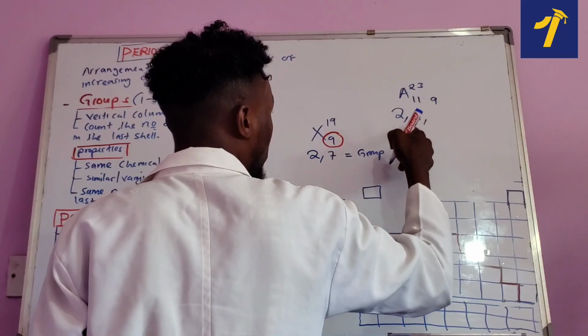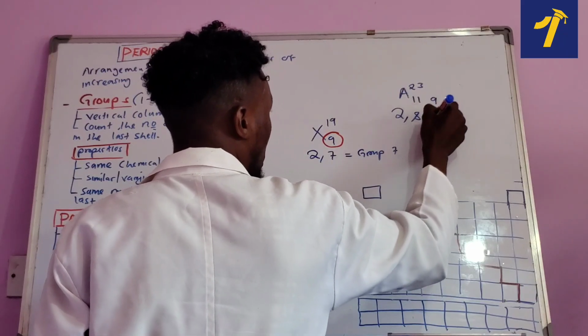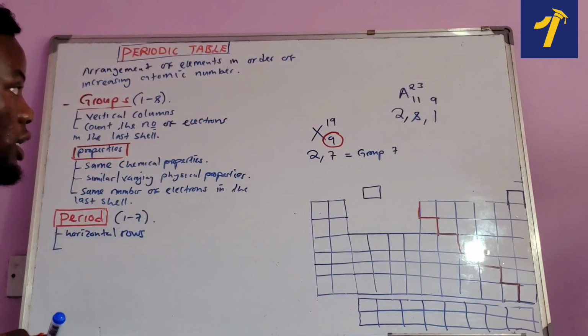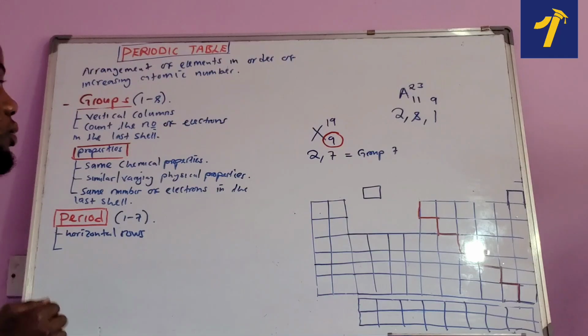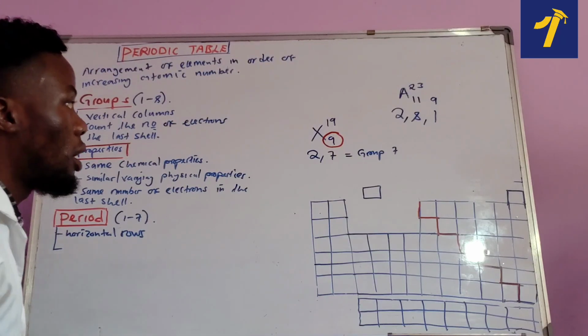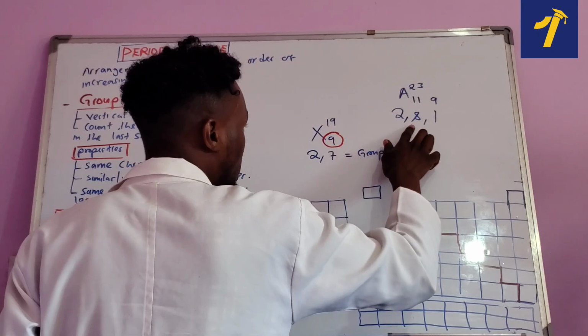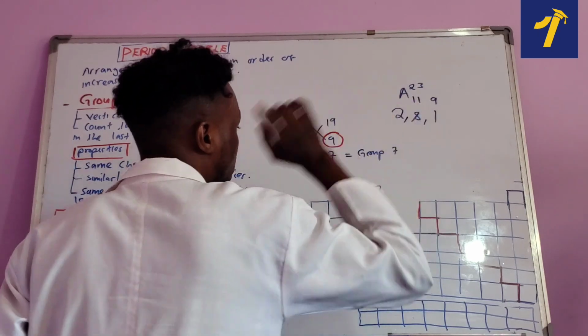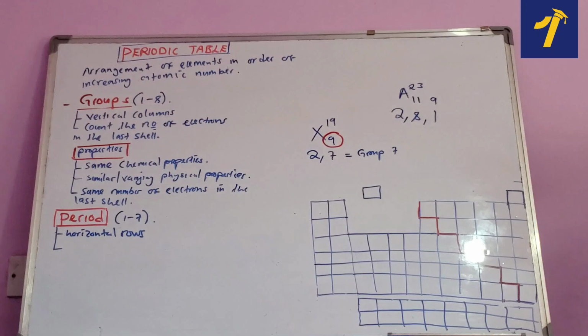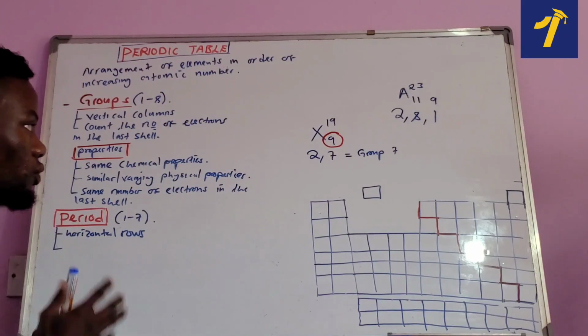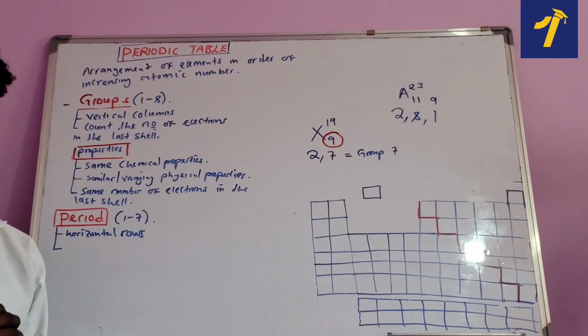Now since we've removed 8, what is remaining? 1. So that's the electronic configuration of that element, which is 2, 8, 1. If you want to be sure, add 2 plus 8, which is 10, plus 1, which is 11. Now we are correct. We are not doing something wrong.